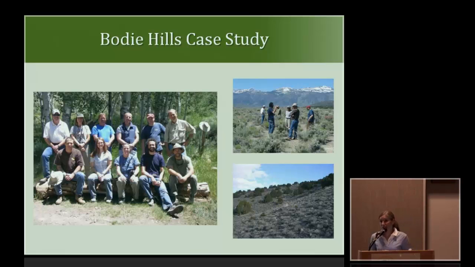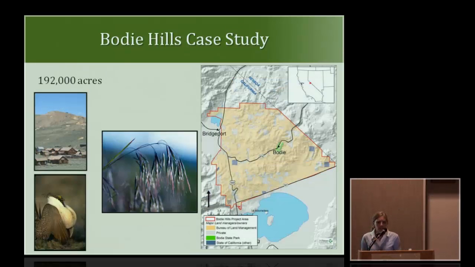And they said yes. And so they began a more stakeholder-driven process that heavily relied on BPS models to develop their plan. This picture here on the left is some of the stakeholders in that group that worked collaboratively to develop this plan. This is the Bodie Hills.